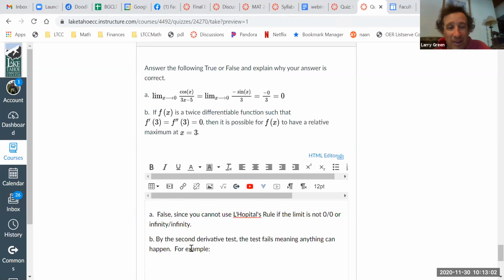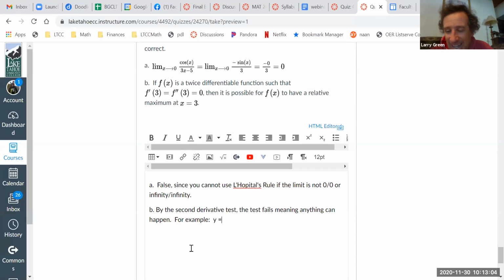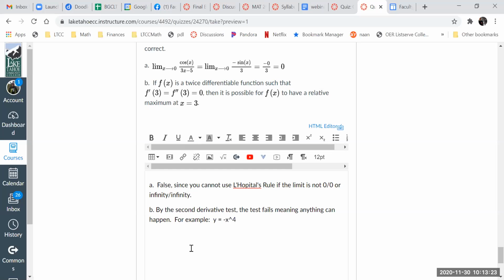Okay. So I got, for example, y equals negative, we want a relative maximum. So y equals negative x to the fourth. Okay. So do you agree that has a maximum? Looks basically like an upside down parabola. Okay. It has a maximum.